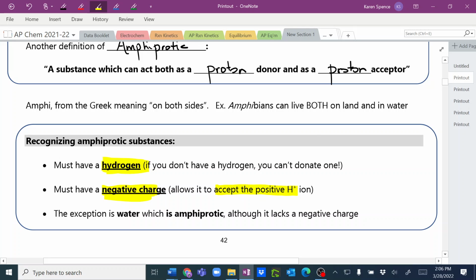However, there is an exception to this, because water is kind of funny. Water does not have the negative charge, but it is amphiprotic. You are not going to come across any other neutral amphiprotic substances, okay? Water is it. Otherwise, if you're going to be amphiprotic, you need a hydrogen and you need a negative charge, okay?